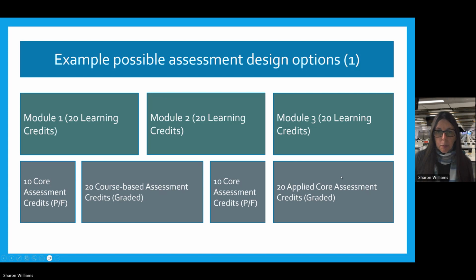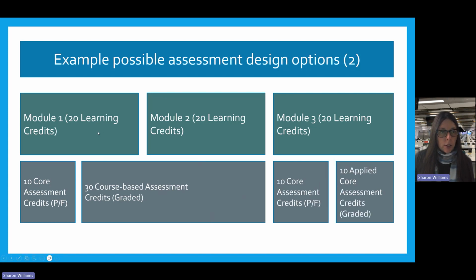end of it. The other option is you have the 3 modules, and for each one, you have 20 learning credits. For this one, combining those 2 modules, you can do 10 core assessment for both of them.